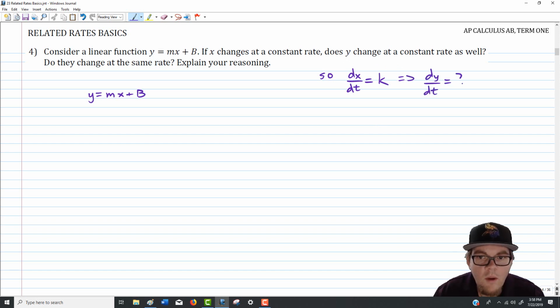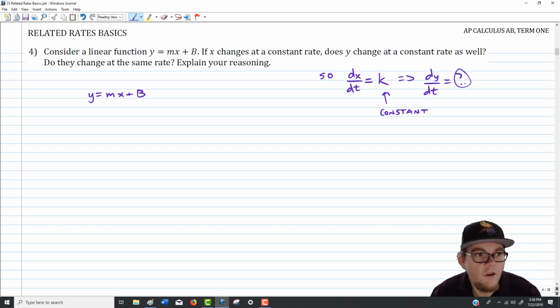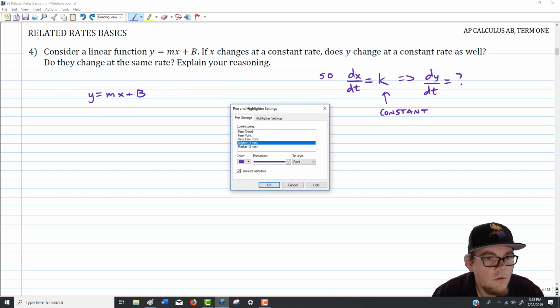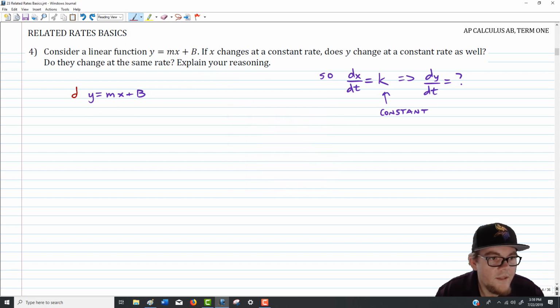So we're interested in what happens when we let dx/dt equal a constant, and whether or not that implies that dy/dt is a constant. So we'd be looking to see if we get a single value out of here as well. Do they change at the same rate? Let's check. We want to consider what's happening as x and y both change with respect to time.